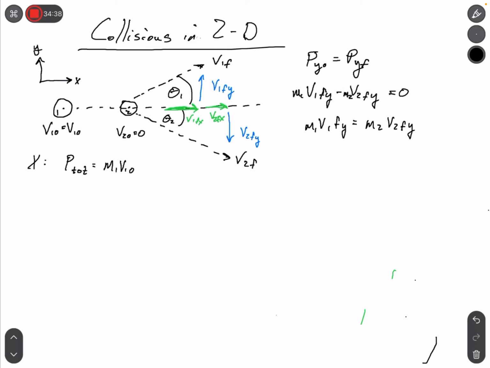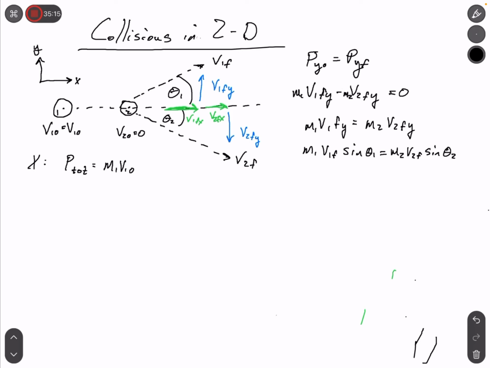Now let's do the x direction. Well, let's write it all out actually. M1 V1 final y is V1 final times the sine of theta 1, and M2 times V2 final times the sine of theta 2.